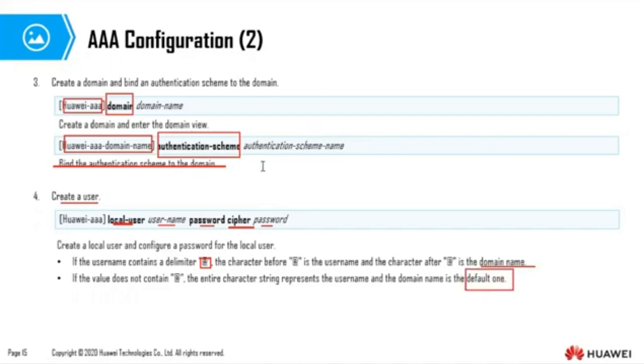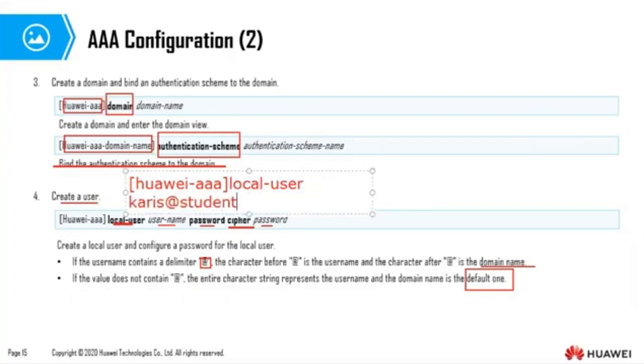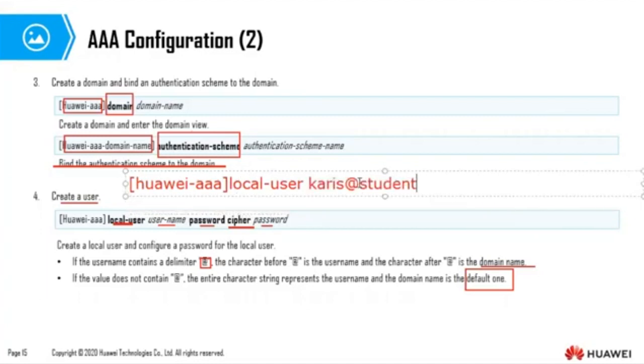So when you're creating a user, remember you have to be on the AAA view. So the command is local user Caris. Then if you want to add them to the student domain, then you have to write Caris@student.